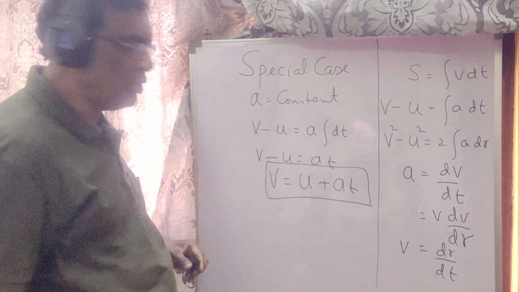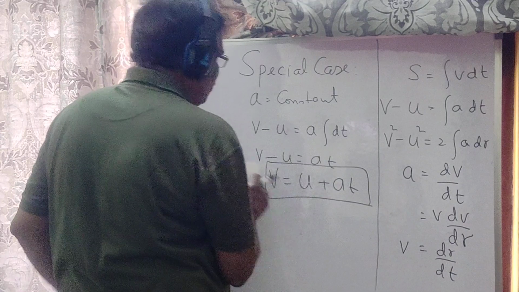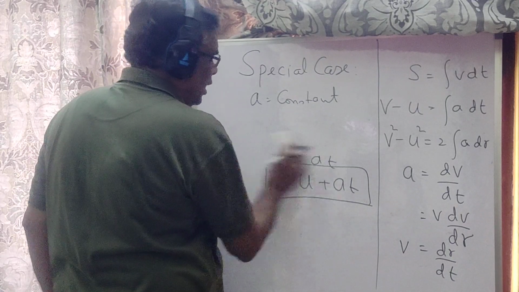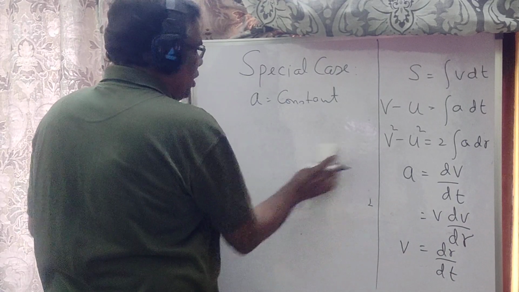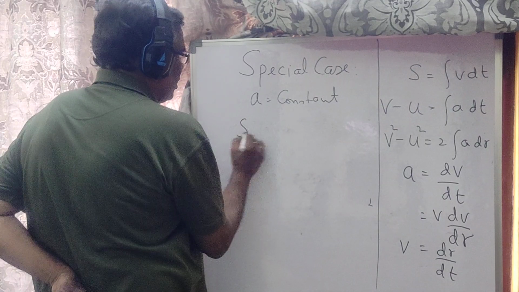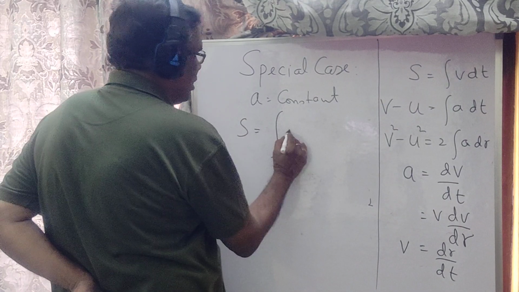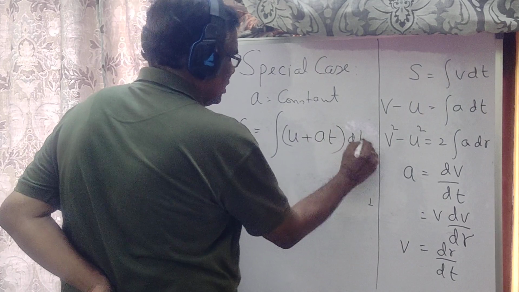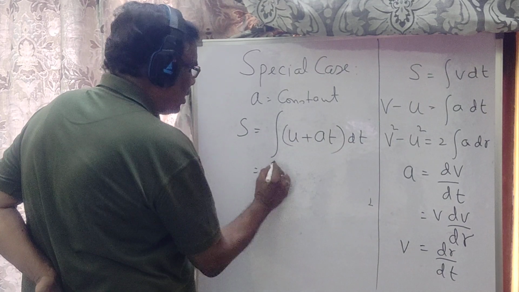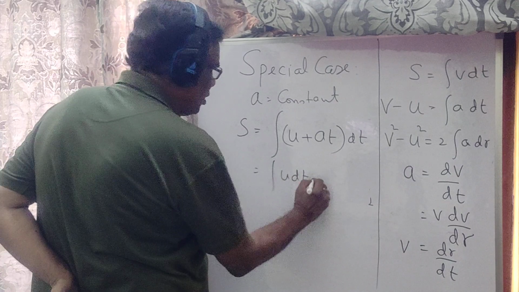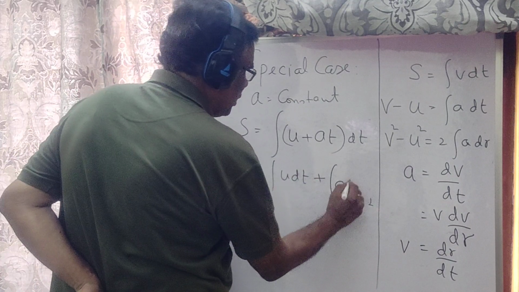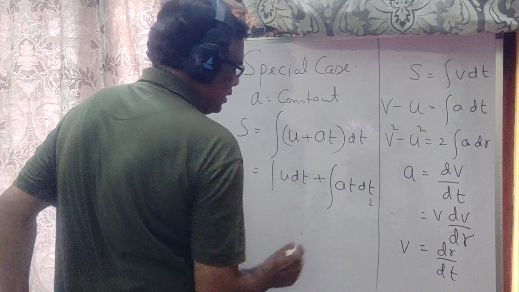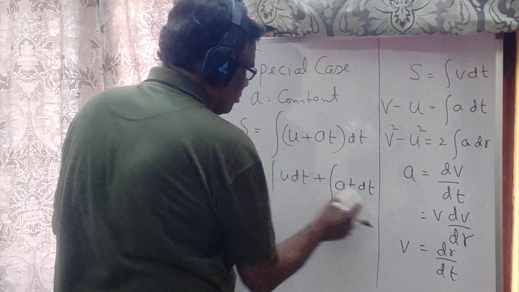Now this is very, very important for you. So you got v is equal to u plus at, right? Now, if v is equal to u plus at, how can I write integral v is u plus at dt? Now I can write it as integral u dt plus integral at dt, right?